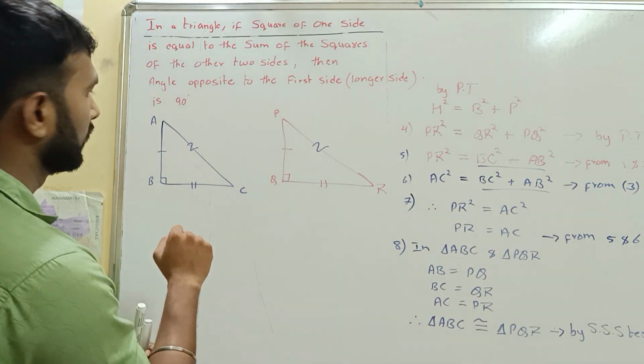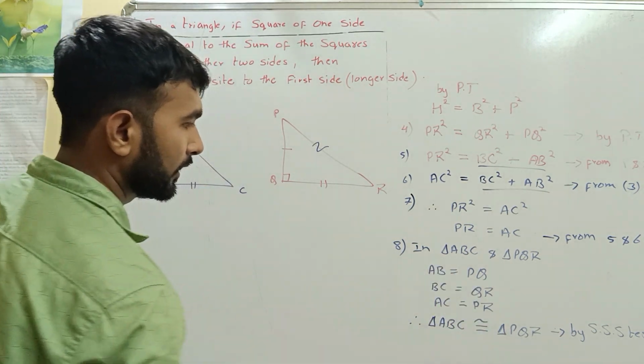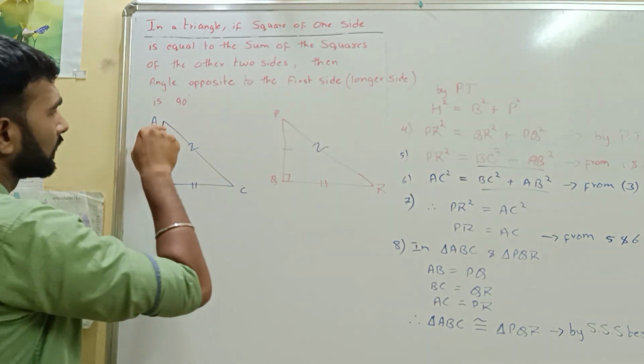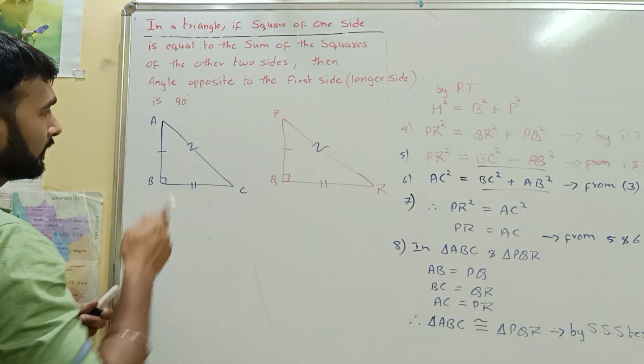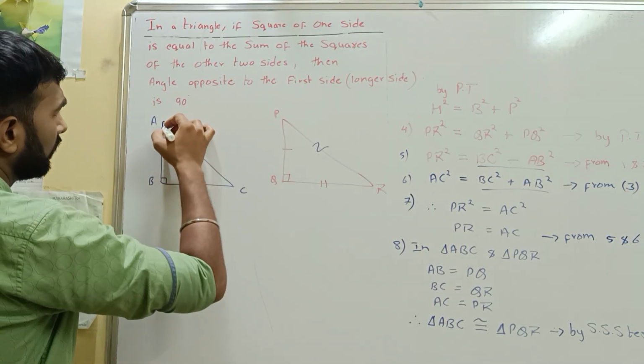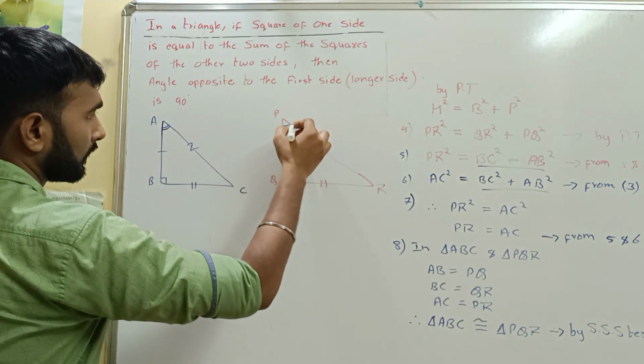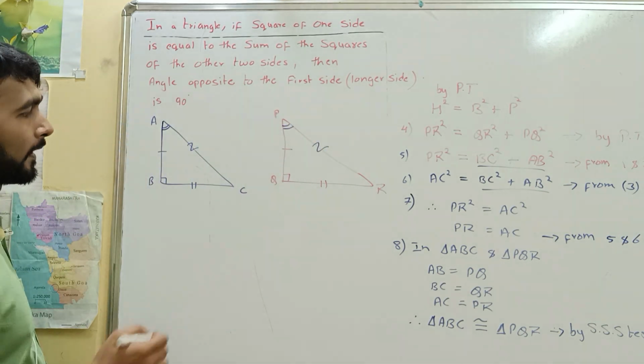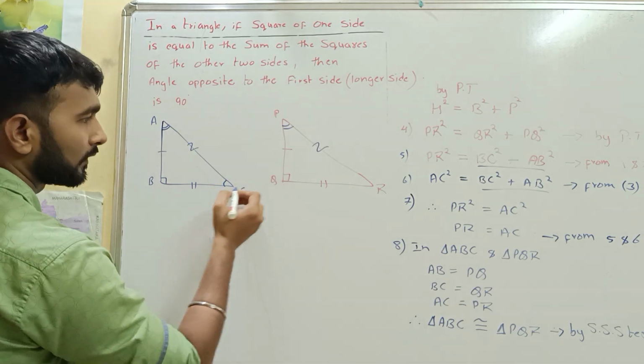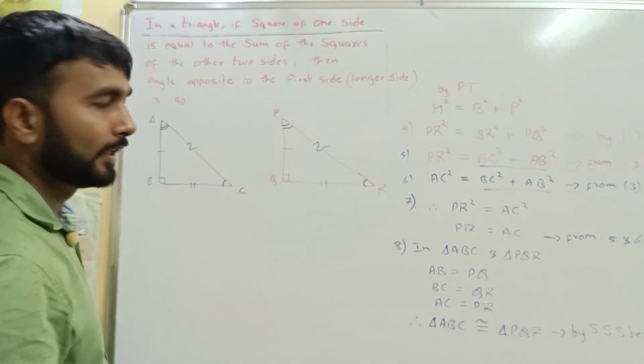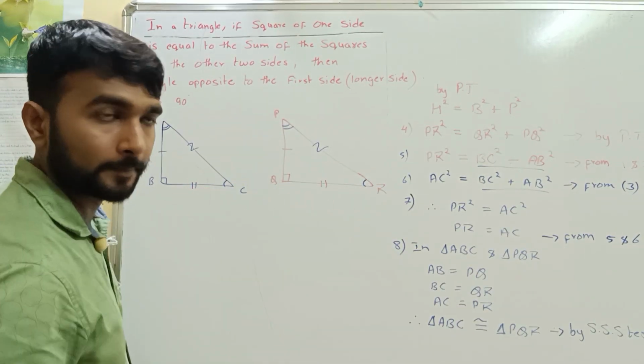Now since the triangles are congruent, that means this angle A will also be equal to angle P. If this is 30, this also will be 30. In the same manner, this angle C will also be equal to angle R. If this is 60, then this also will be 60.